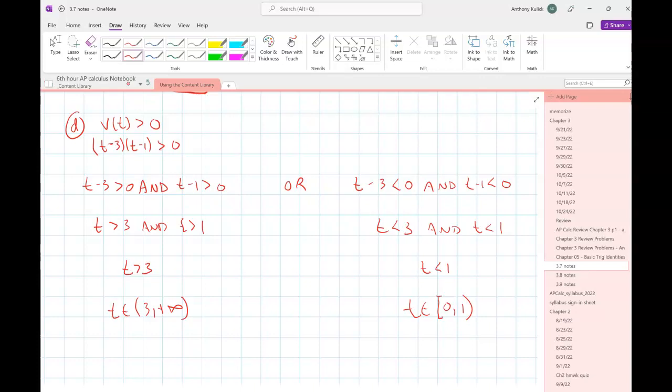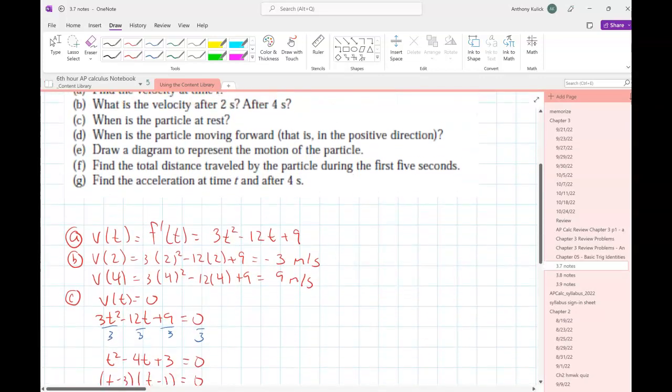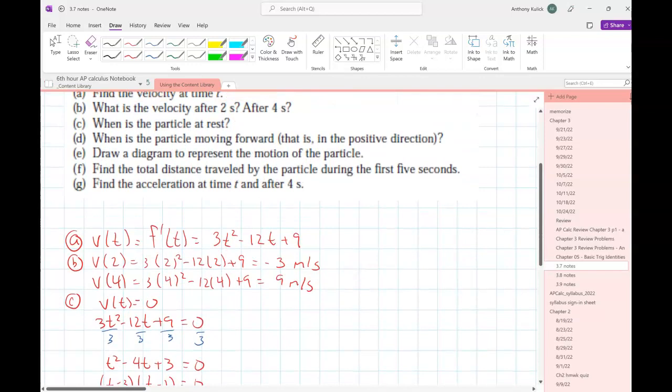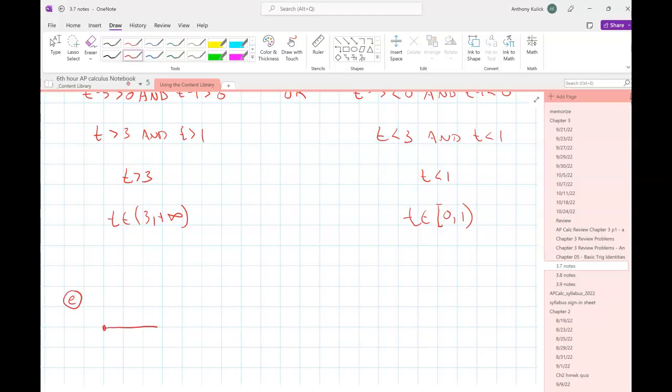Okay. Part E says then to draw a diagram to represent the motion of the particle. Well, since this is just talking about a particle moving in a direction, I'm just going to do this as a one-dimensional piece.